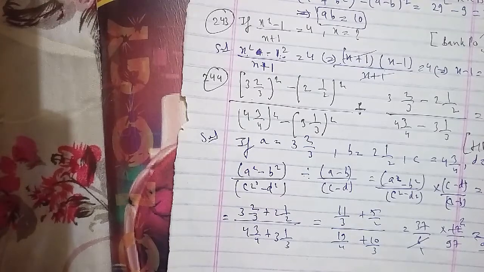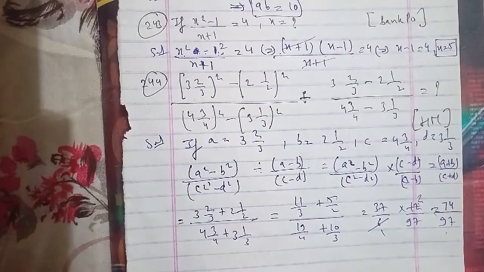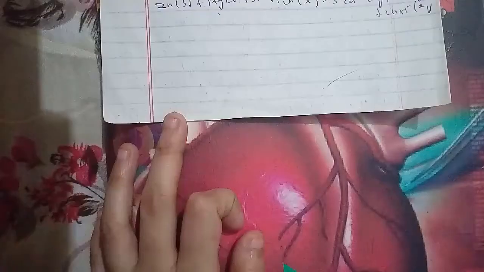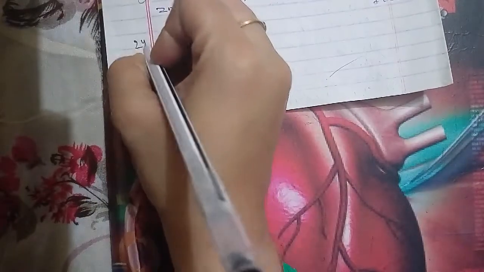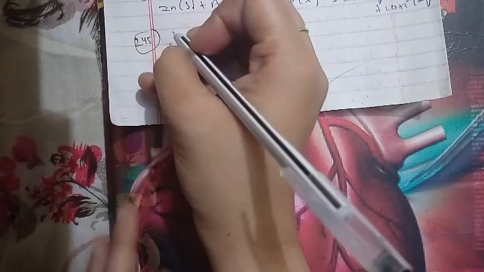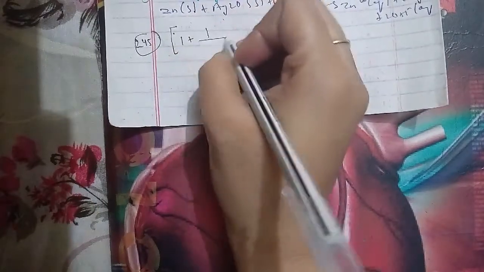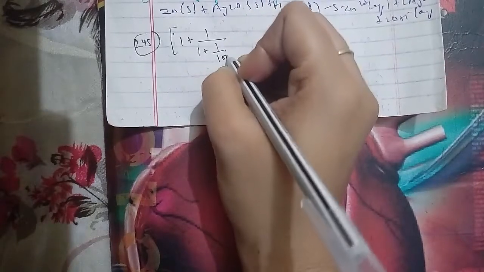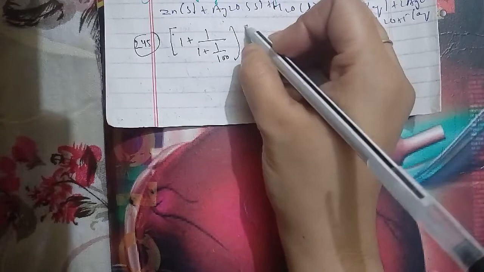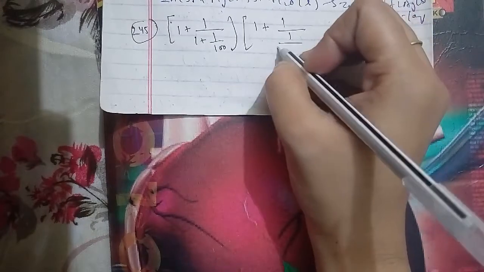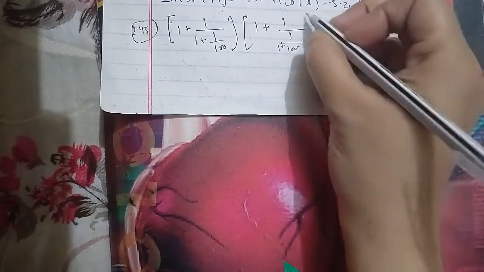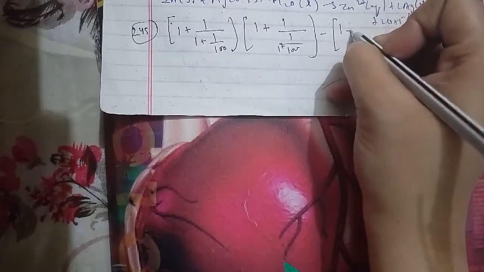1 plus 1 upon 1 plus 100 minus 1 whole upon 1 plus 1/100, that is 1 minus 1 upon 1 plus 1/100. Then we have a whole upon 1 plus 1 upon 1 plus 1/100 plus 1 minus 1 upon 1 plus 1/100. The options for this are 100, 200/101, 200, 202/100.